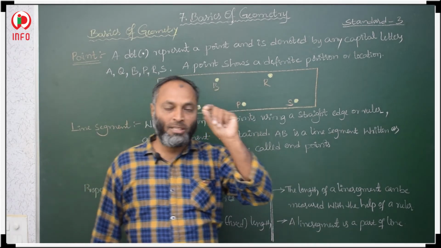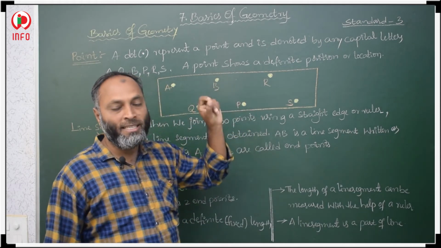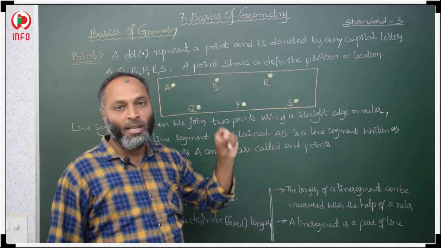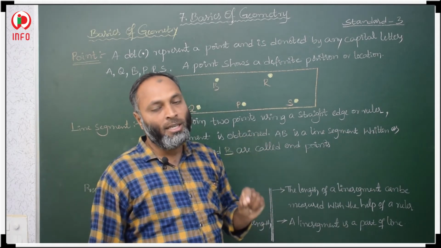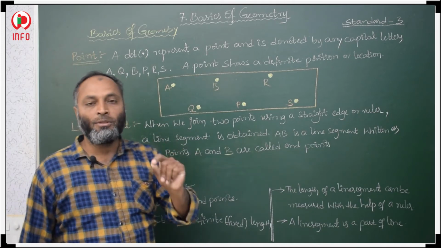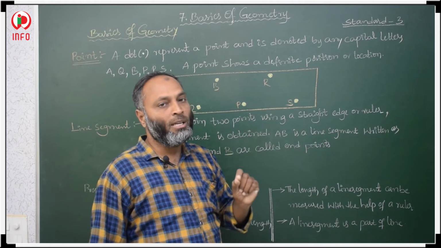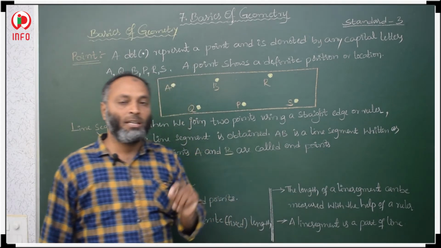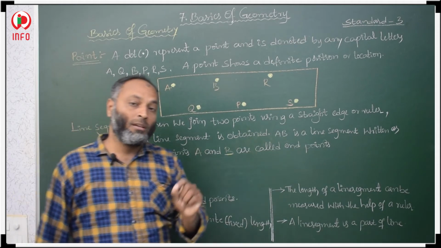That dot represents a specific, correct position, the exact location. The point always shows the exact position or place. That is why we use points in geometry. So, what is the use of a point? A point always shows an exact position or location.